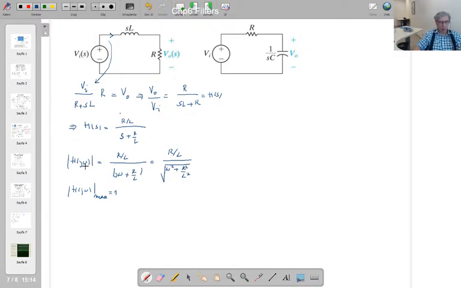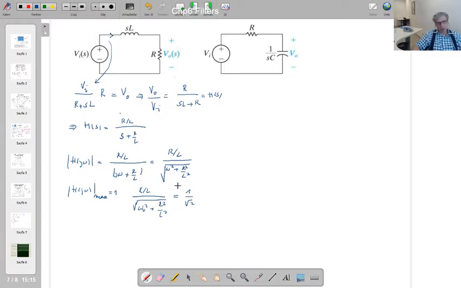Now, we said R L over the square root of omega C squared, cutoff frequency squared, plus R squared L squared. My modulus is going to be equal to the maximum value over square root 2, isn't it?